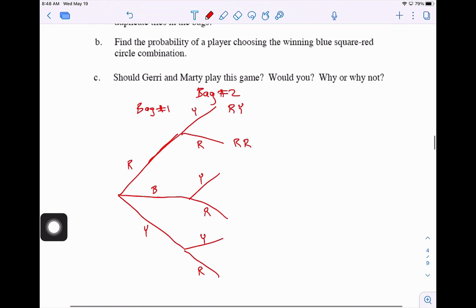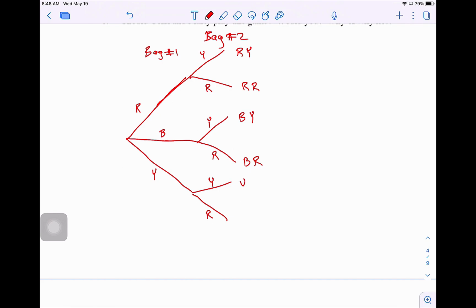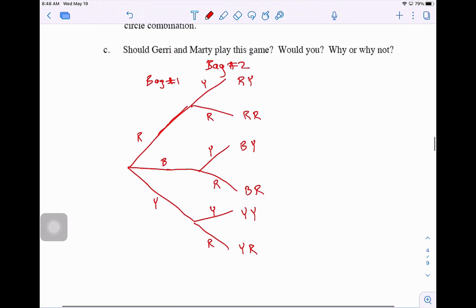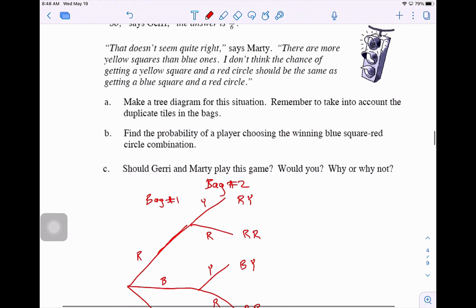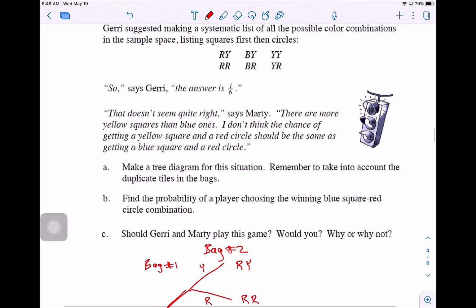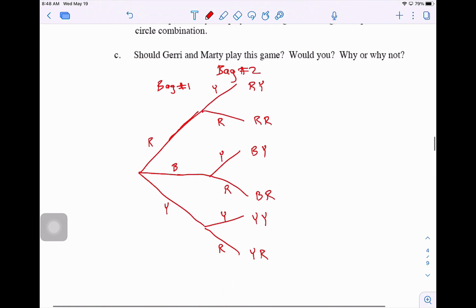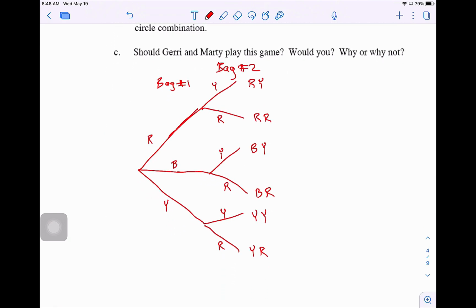Blue, red. 2 yellows. Or a yellow and a red. And that list of 6 different things is exactly what we had up above. How do I now adjust it for the number of things in there? What can I add to this?